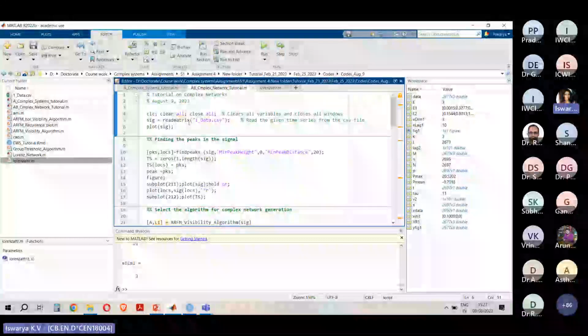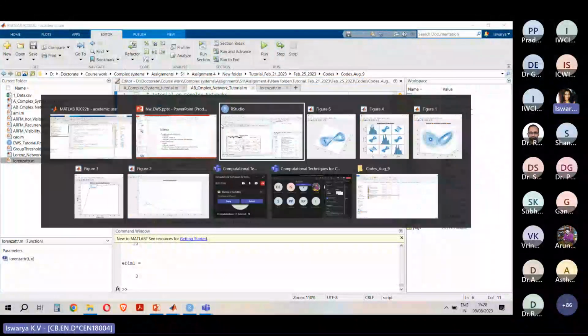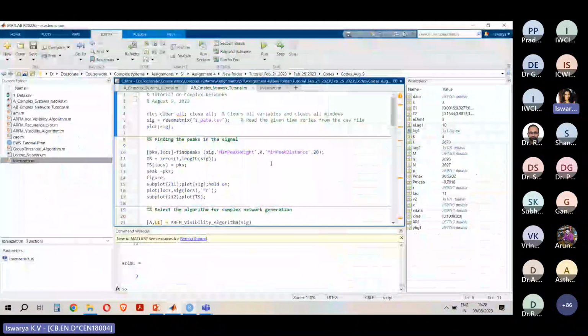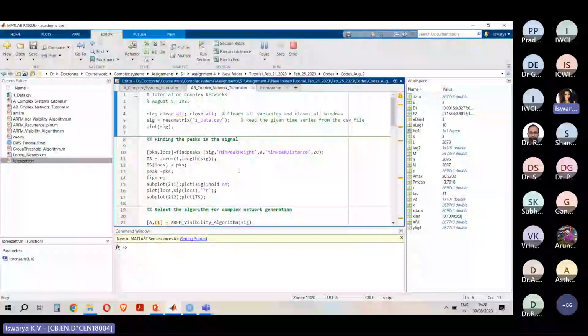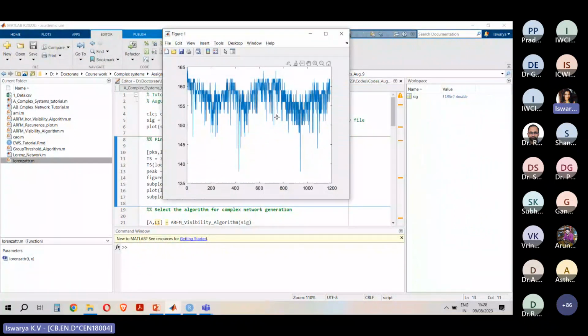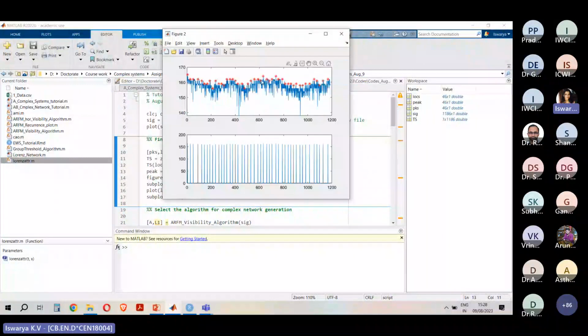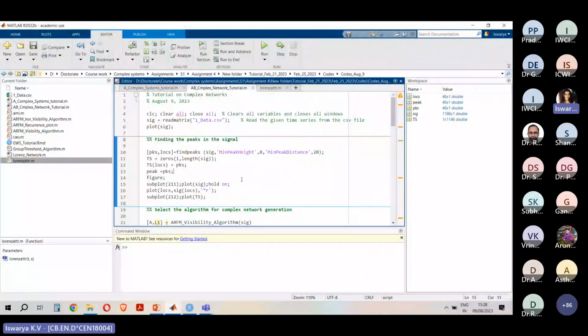So here, this will be the same matrix that we used over here. The same time series is what we're using over here. I'm reading the signal. Because we'll be demonstrating the visibility graphs first, I will be finding the peak of each of these nodes over here so that we can create the histogram.